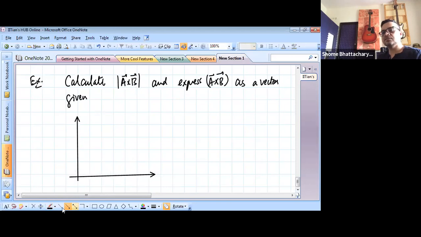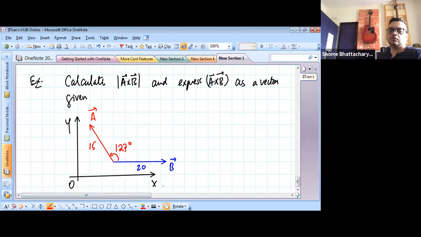So given that this is our XY plane, now in this plane, I'm drawing vector A like this, and vector B like this, where B has a magnitude of 20, A has a magnitude of 15, and this angle is 127 degrees. Okay.